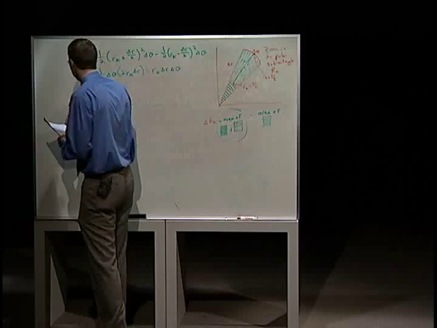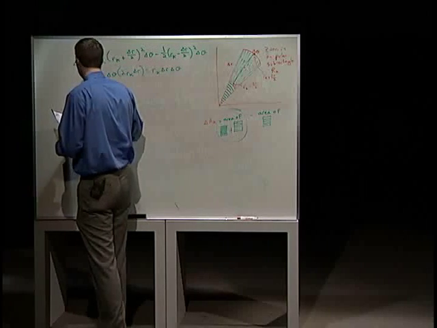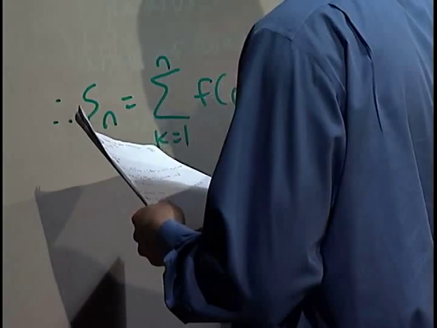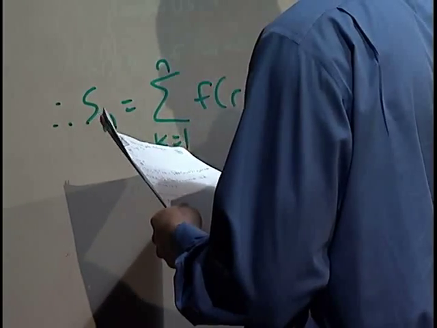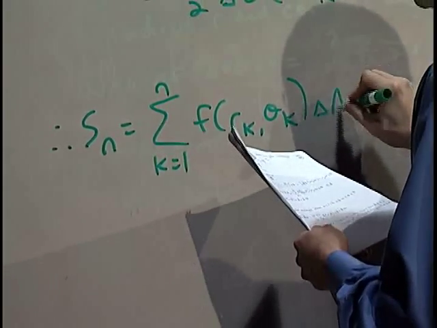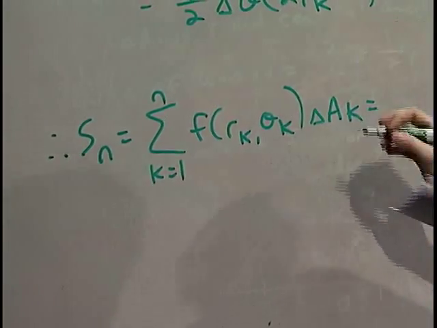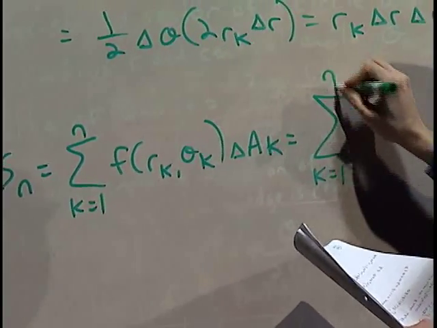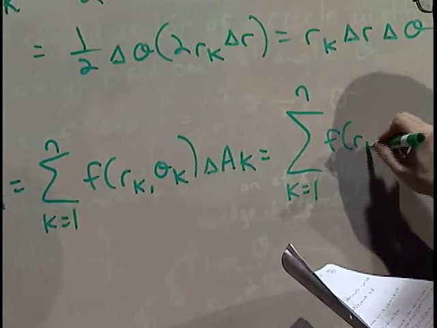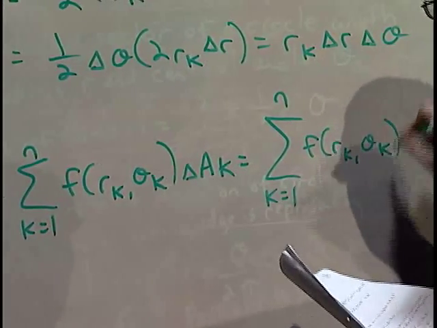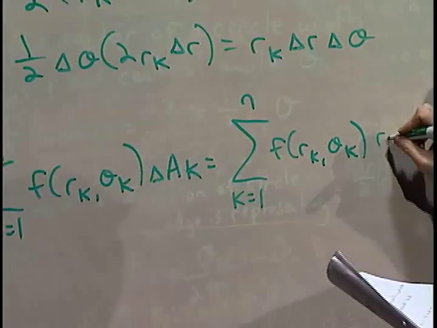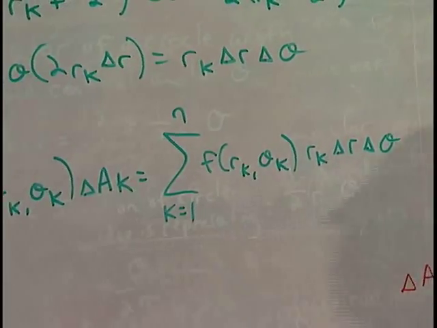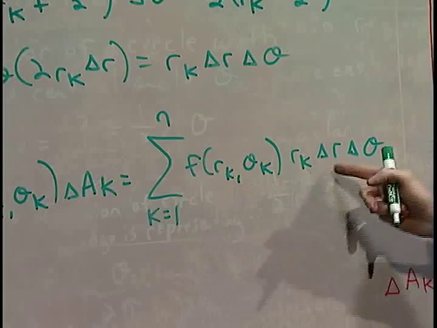So therefore, our sum from k equals 1 to n of f of r sub k, theta sub k, delta A sub k, we can rewrite as the sum from k equals 1 to n of the same thing, only now we've got r sub k delta r delta theta. Everything's in terms of r and theta.